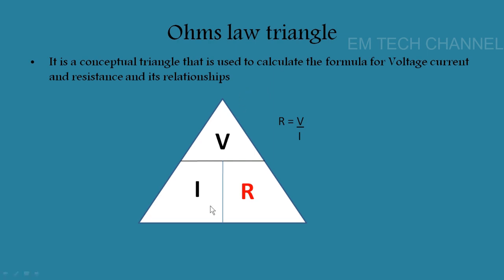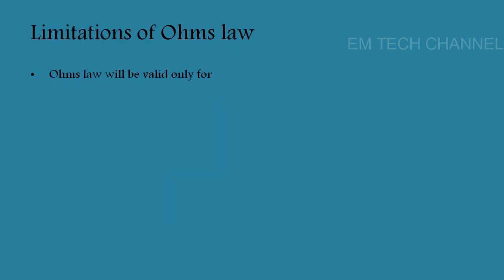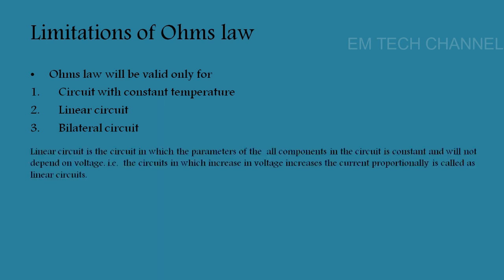Now let us see the limitations of Ohm's law. Ohm's law is valid only for circuits with constant temperature, and in linear circuits and bilateral circuits. Only if these three conditions are met will Ohm's law be true. Otherwise, Ohm's law will be invalid. So what is a linear circuit?